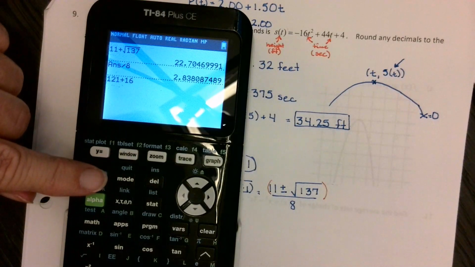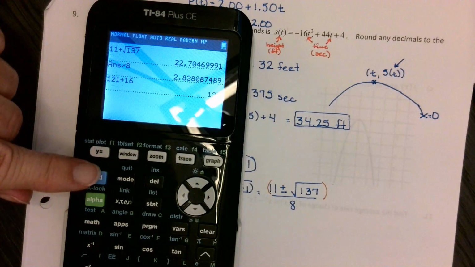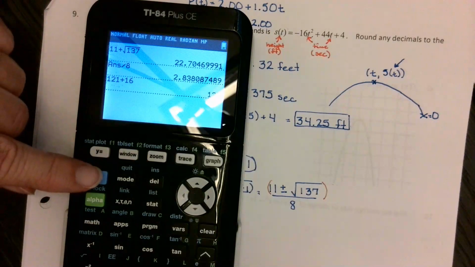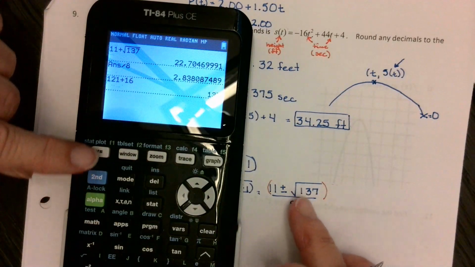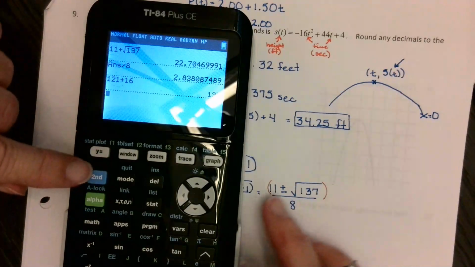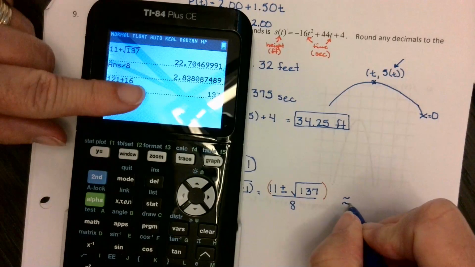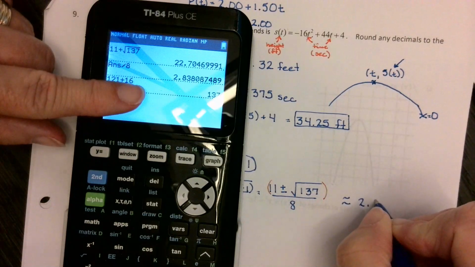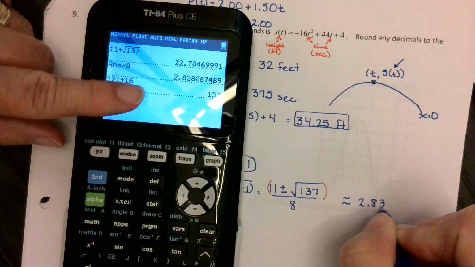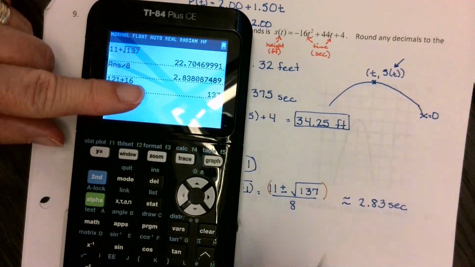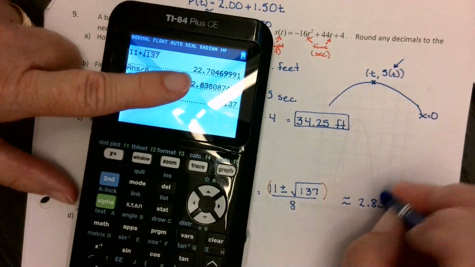I'm checking something. Okay, I'll have to check my answer sheet because it may be wrong. All right, so when I did the plus, I got 2.84 seconds.